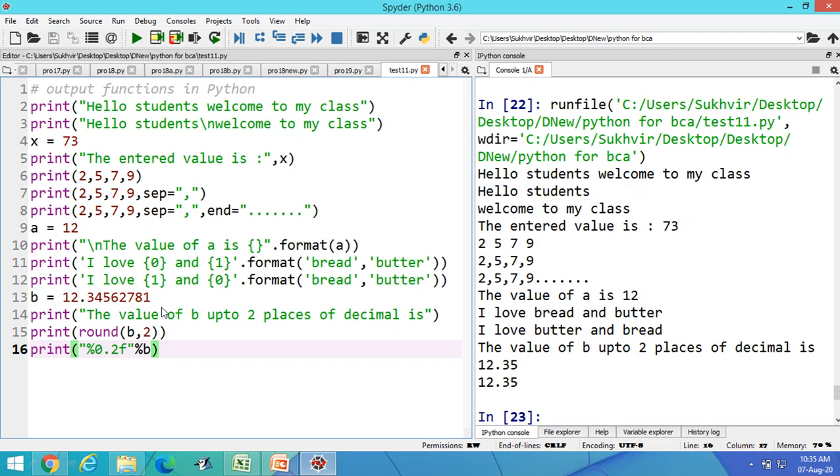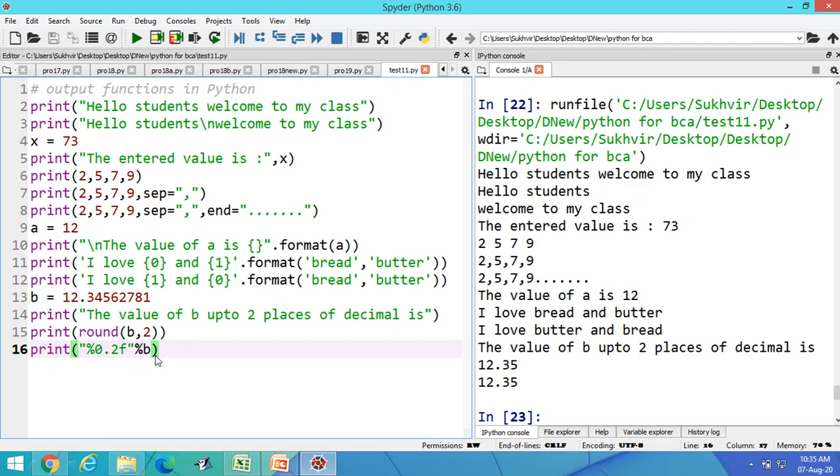Now what about the next content? Suppose I write B is equal to 12.34562781 like this. The value of B up to two places of decimal: if I have to print the value up to two places of decimal, then I can write either round B comma 2 or I can write percentage 0.2f then percentage b.